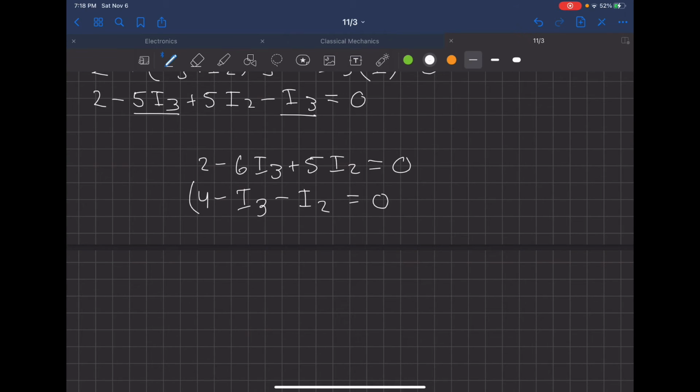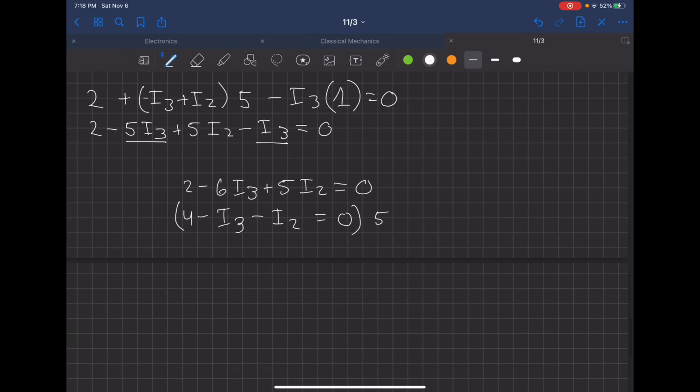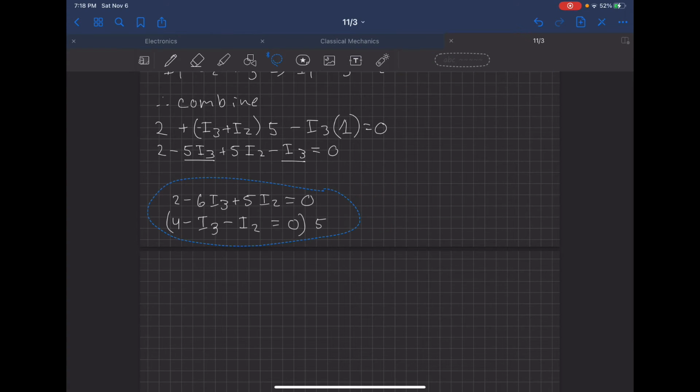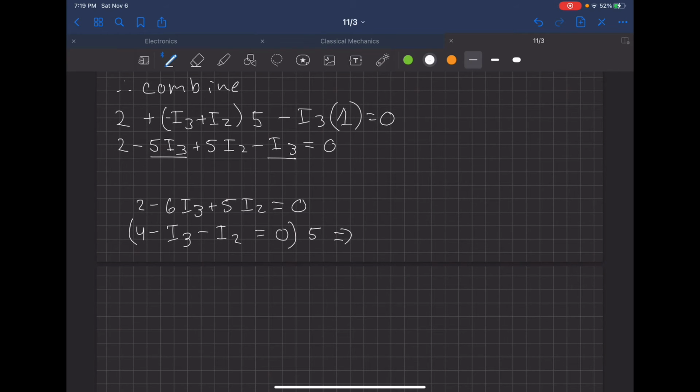So we're going to have to multiply this by 5 before we do anything, which is going to give us, let's move this stuff over so we can have more room to work. This is going to give us 20 minus 5I3 minus 5I2 is equal to 0.